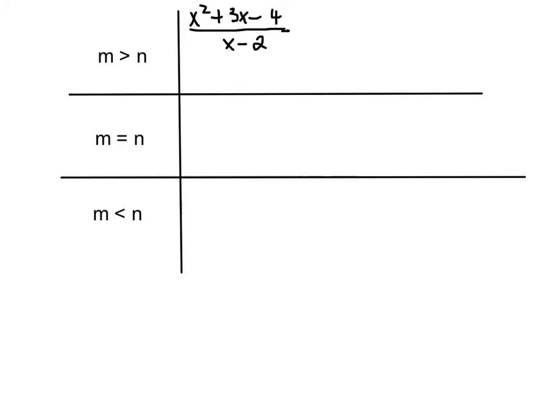Now, what we know based on this information is that our horizontal asymptote will be y equals 0. So our horizontal asymptote will always be the x-axis.